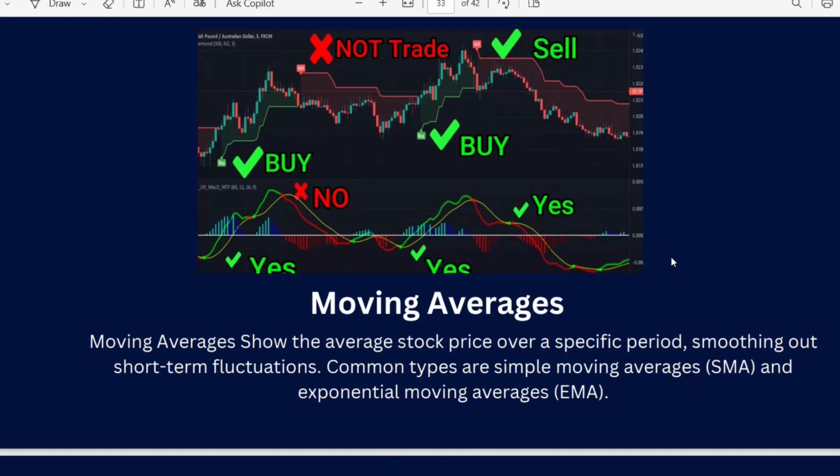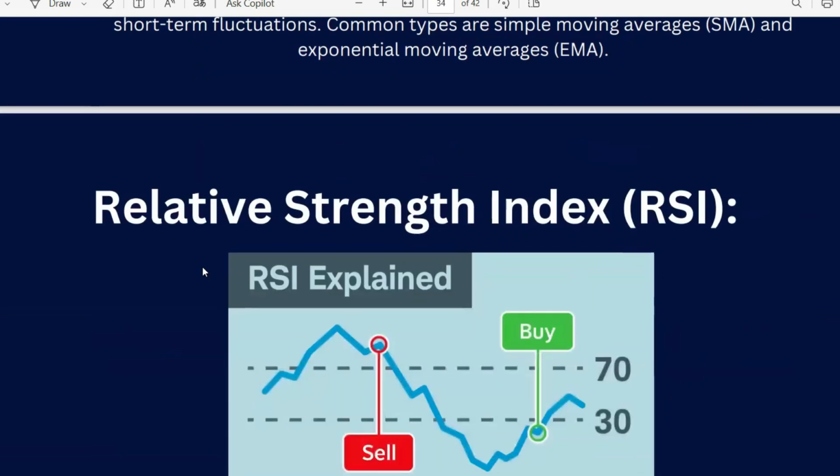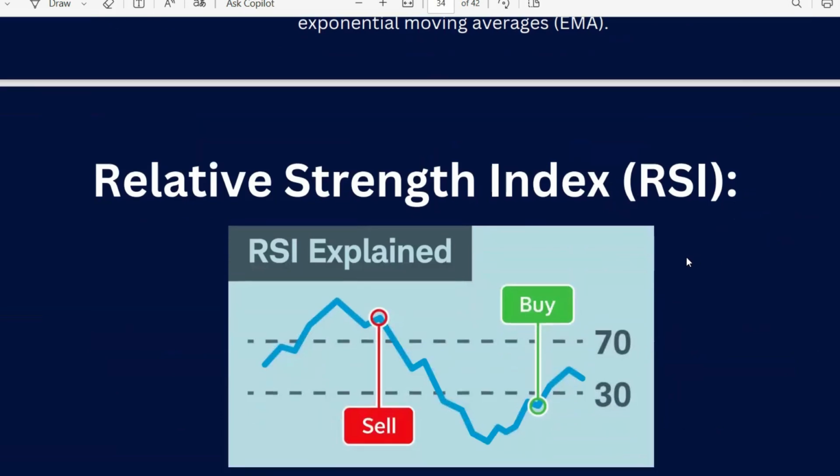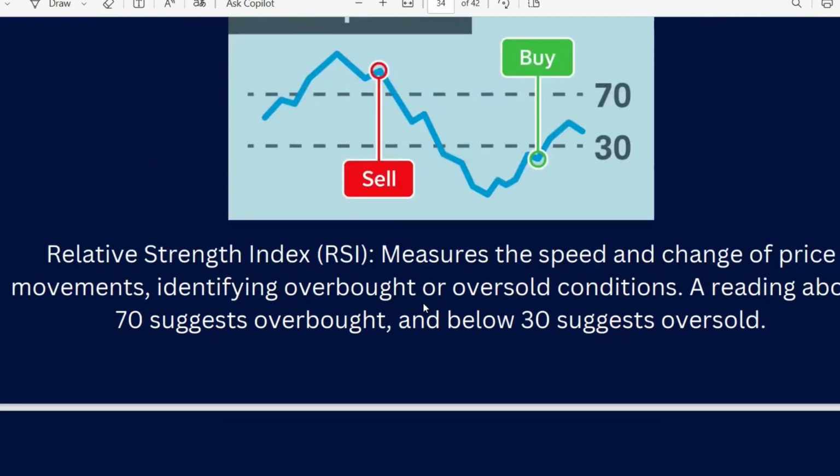I'm going to show you guys everything, the moving averages, how they react to prices, the EMAs and the SMAs. Then we got the RSI, right? Relative Strength Index, the RSI. The Relative Strength Index, or RSI, measures the speed and change of price movement, identifying overbought and oversold conditions.